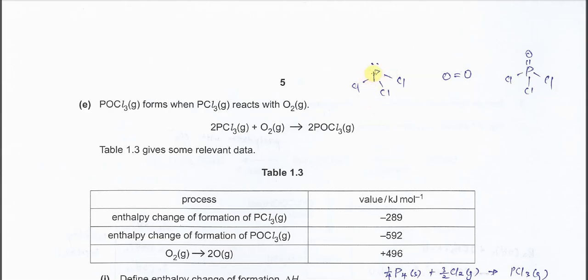Remember this, 3 PCl bonds. Oxygen has an O=O double bond. In the POCl3, it has 1 P=O double bond, 3 PCl bonding. Because later when you try to calculate the enthalpy or bond energy, you need to use all this.